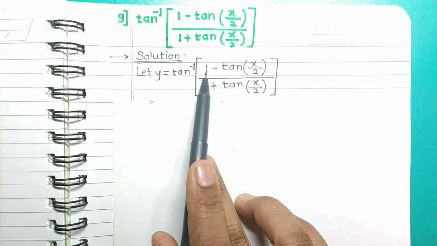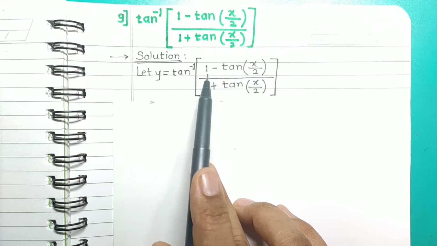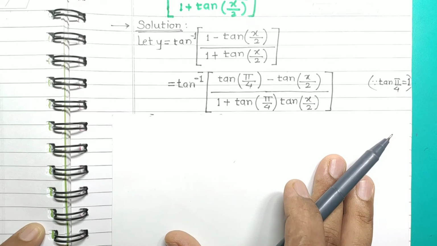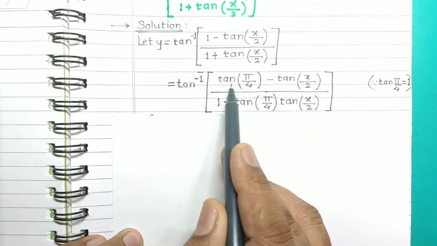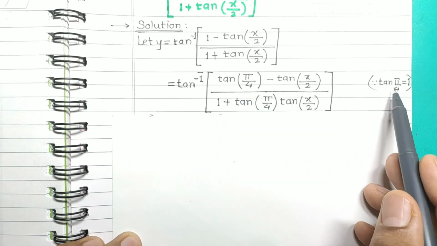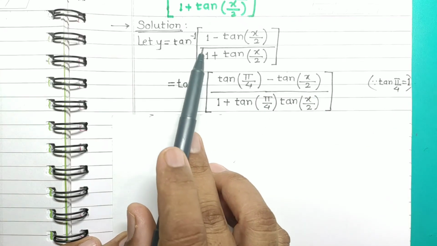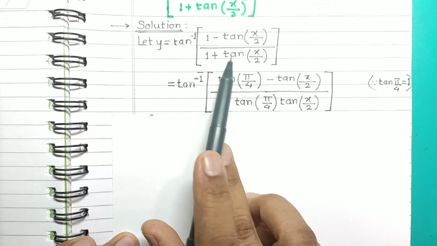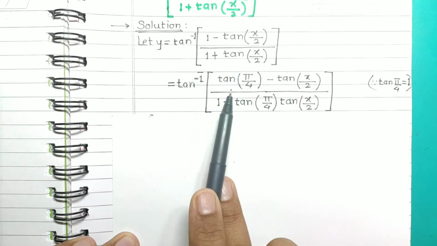See, 1 we can write as tan of pi by 4. So in the next step I am writing tan pi by 4 instead of 1, and we know that tan pi by 4 is 1. So we can replace this 1 by tan pi by 4. What is the purpose of replacing 1 by this term?